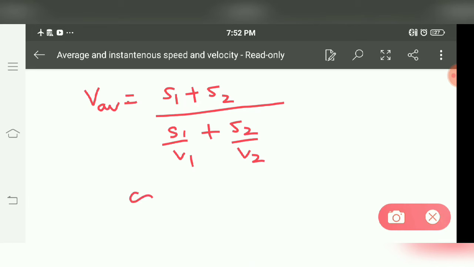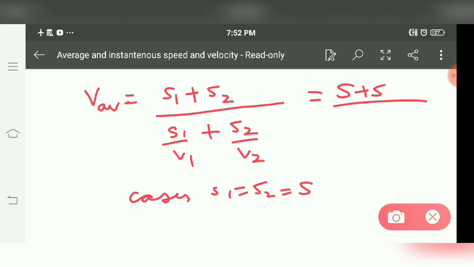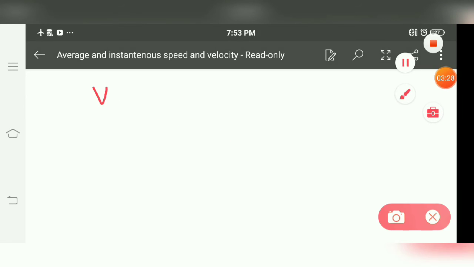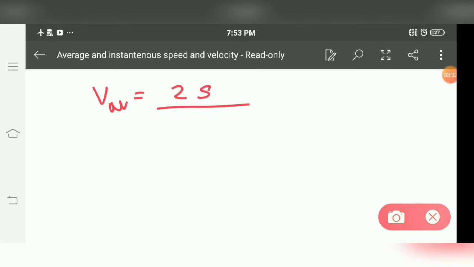Suppose there is a special case where s1 and s2 are equal, and both are equal to s. In that case this becomes s plus s upon s by v1 plus s by v2. So V average is equal to 2 times s upon s common from inside, 1 by v1 plus 1 by v2.